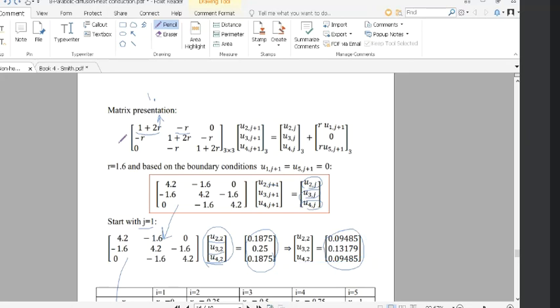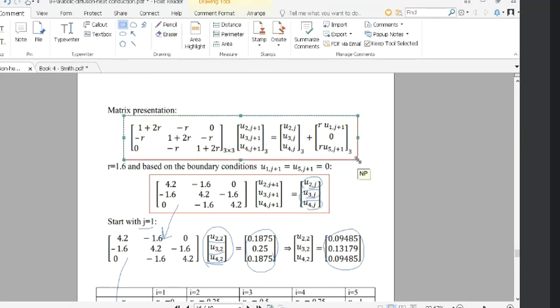Let me fill in this page. Miss Simo, this matrix representation at the top of the page is general for this problem, not for every problem.